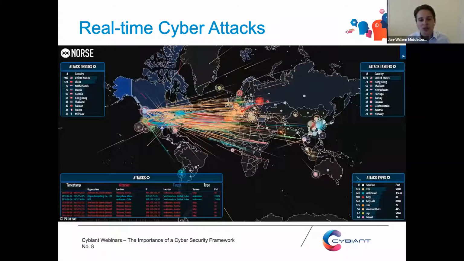So this will showcase to you that the amount of cyber attacks is actually quite staggering, and it happens every single day. This is a great visualization tool in case you need to convey the message of how serious cybercrime and cyber attacks are on a day-to-day basis.